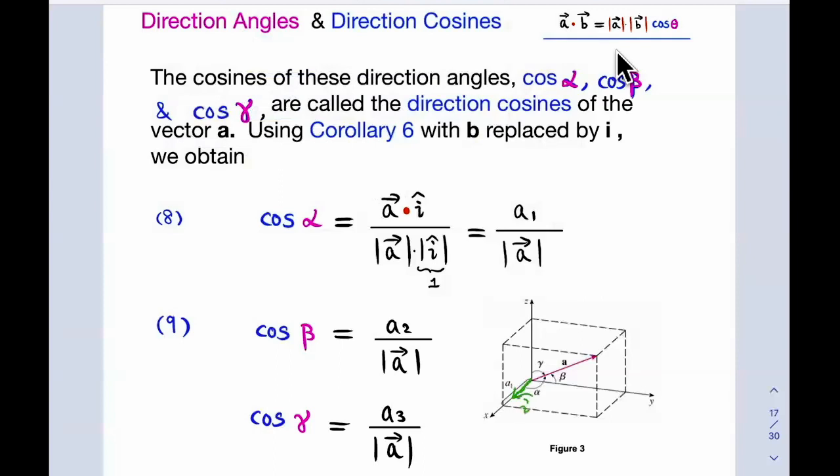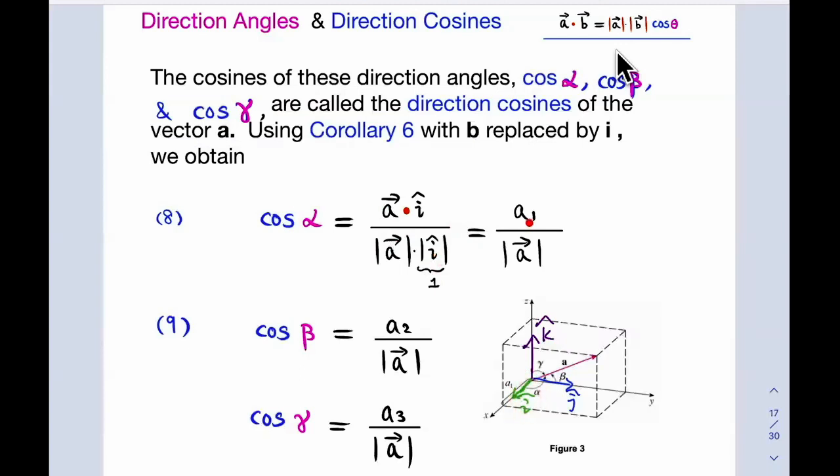I go this way, and j will be pointing this way, that's j, and k will be pointing this way, that will be k. So i is the unit basis vector pointing in the x direction. So cosine alpha will be A dot i divided by the product of the magnitudes of these two. And we know that the magnitude of this unit basis vector is 1.